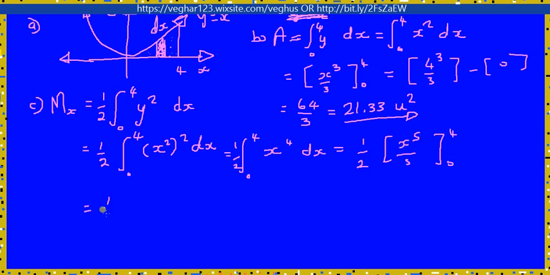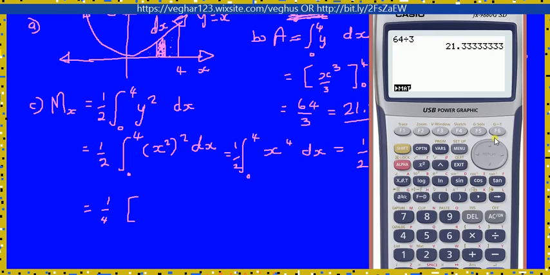Then we'll substitute the 4 there. 4 raised to 5, what do we get?